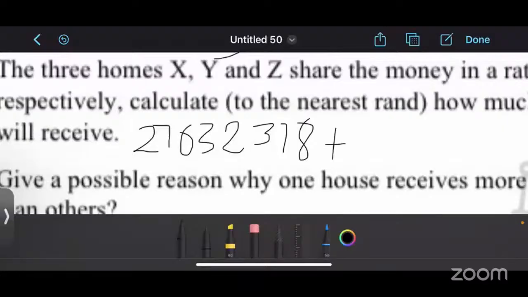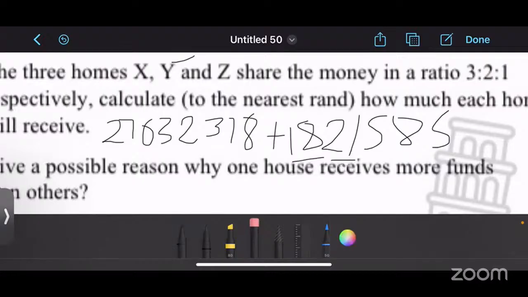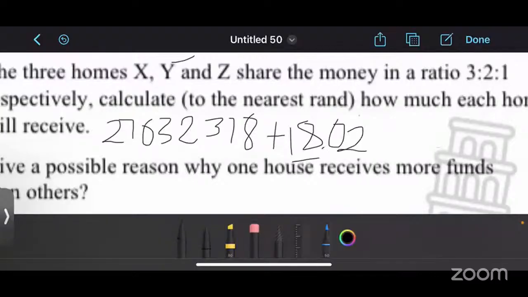Then for the other ratio, I got 18,021,585. 18 million and 21,000, so a 0 before the 2. 18 million and 21,585, 858.